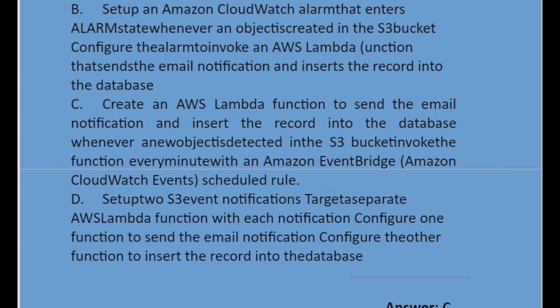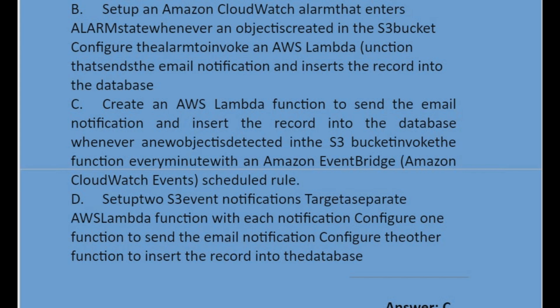Option C. Create an AWS Lambda function to send the email notification and insert the record into the database whenever a new object is detected in the S3 bucket. Invoke the function every minute with an Amazon EventBridge (Amazon CloudWatch Events) scheduled rule.